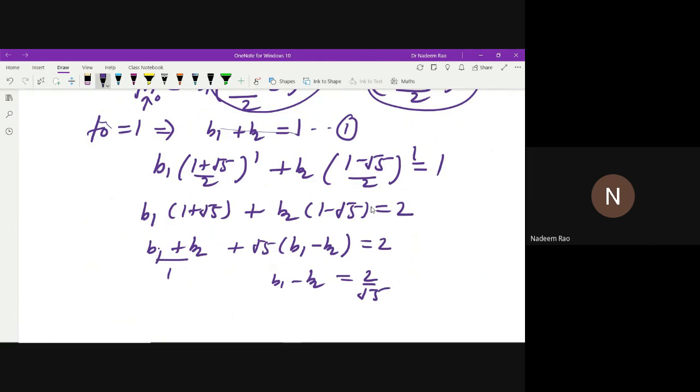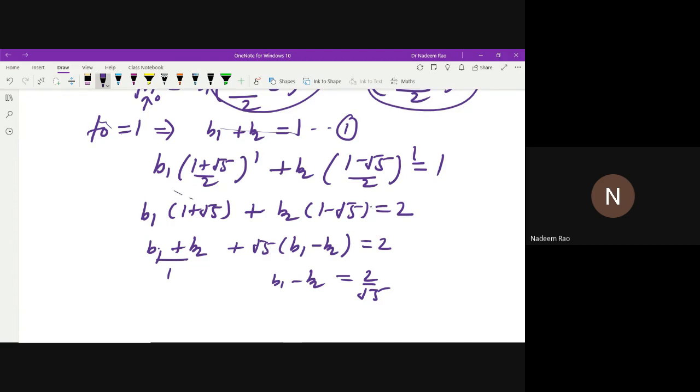I think it should be equal to 1, no? There is a mistake. Okay, so b1 minus b2 equals this, and b1 plus b2 equals 1.